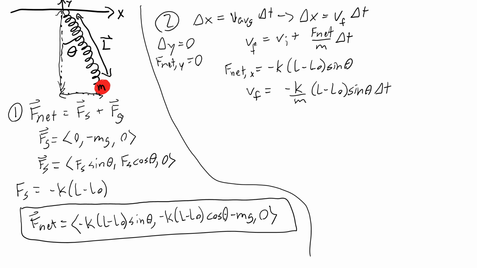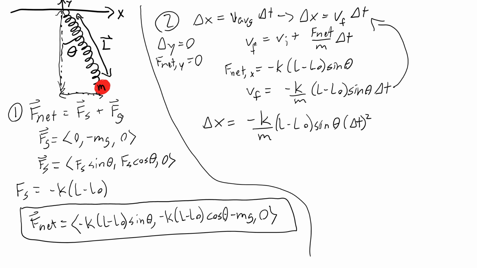Now that we have final velocity, we can plug this back into our equation up here and say that delta x is equal to negative k over m (L minus L naught) sine theta, and we have a delta t times a delta t on the outside, so we'll just hold this delta t squared out there.